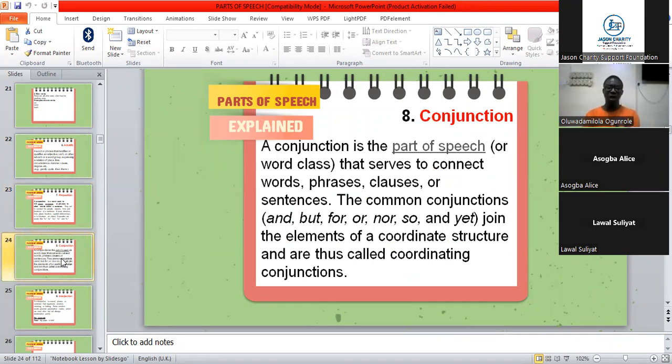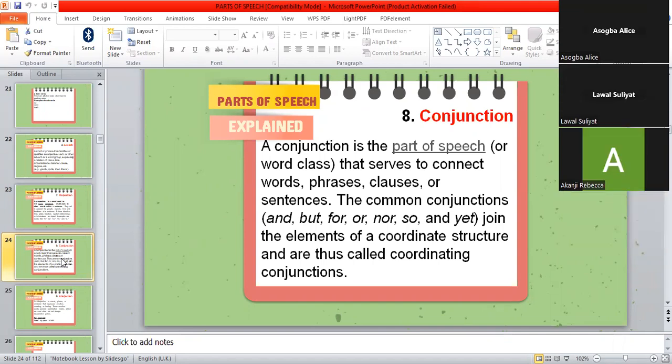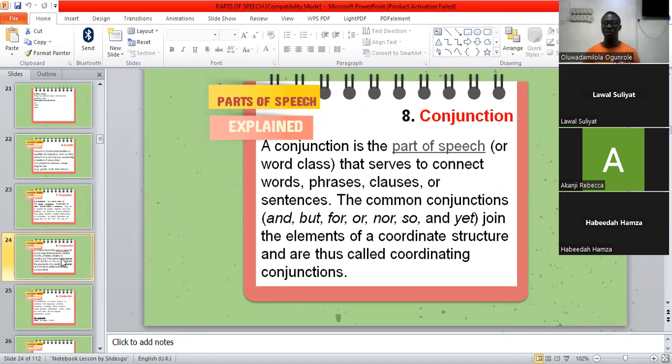A conjunction is the part of speech or word class that serves to connect words, phrases, or clauses in a sentence. Now, I want you to know that a conjunction is used to connect two parts of speech that are of the same grammatical function or the same grammatical placement. I cannot use a conjunction to join a noun and an adjective.